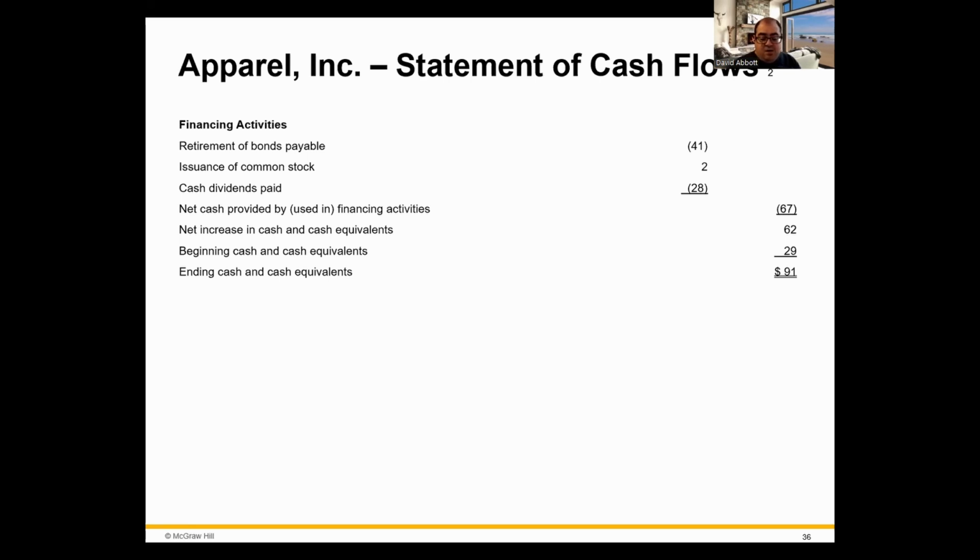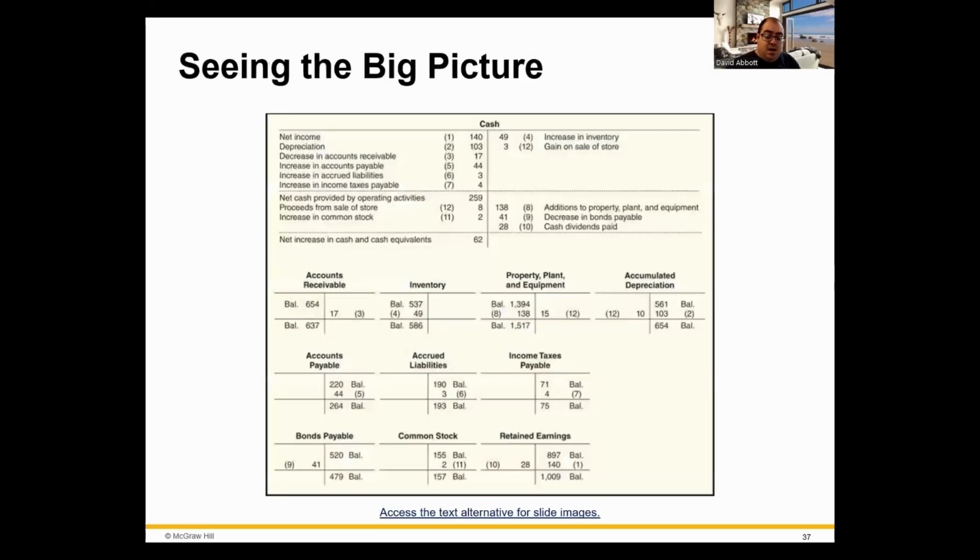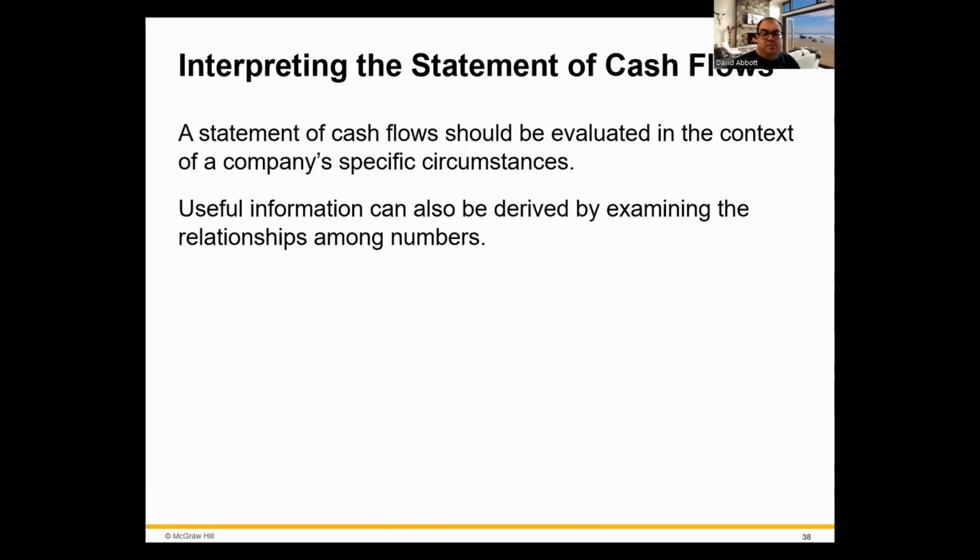The basic equation for stockholders' equity accounts can be used to determine Apparel paid dividends in the amount of 28 million that need to be recorded as a cash outflow. So Apparel's completed statement of cash flows is shown on this slide. Notice that the net increase in cash and cash equivalents of 62 million explains the change in cash balance.